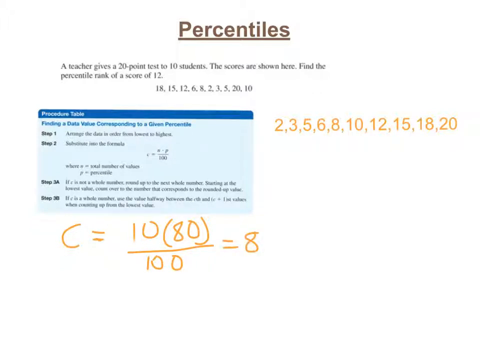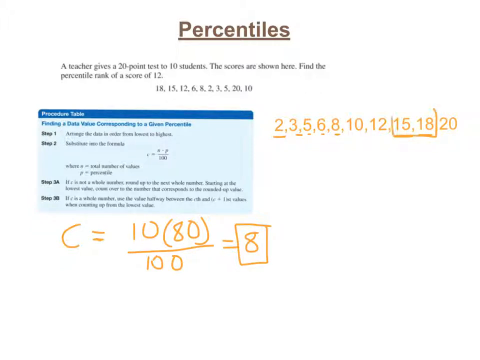Right? So if C is not a whole number, then we round up to the next whole number. Well, that's not a problem for us. C is a whole number. So you are going to use the value halfway between the 8th and the 9th. So I am going to count up 1, 2, 3, 4, 5, 6, 7, 8, and the 9th.